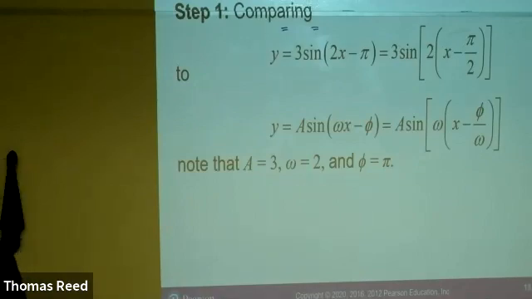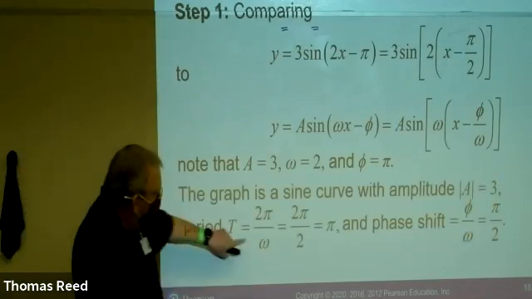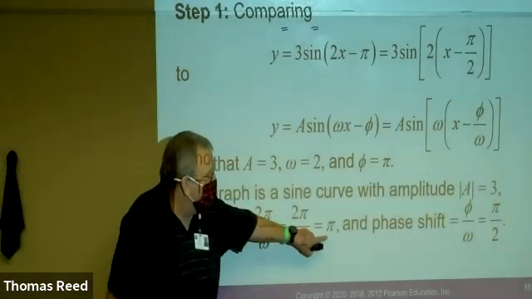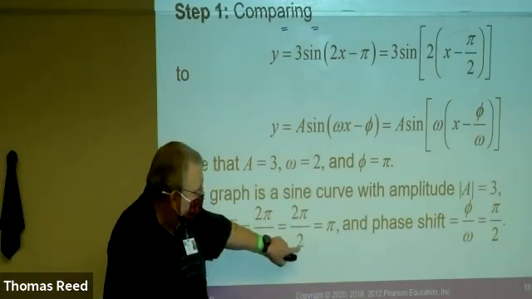So, we already discussed this, that the period is pi. Dividing 2 pi by 2 gave us the pi.